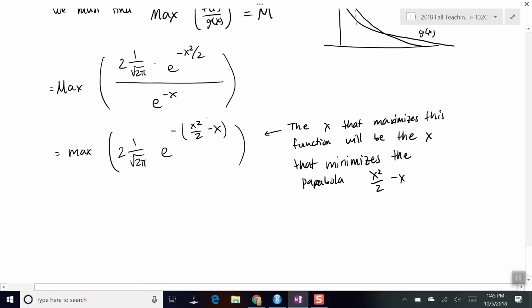Because if I minimize this thing, then this will be e to the smallest negative thing, and that'll be the maximum value of this function here.